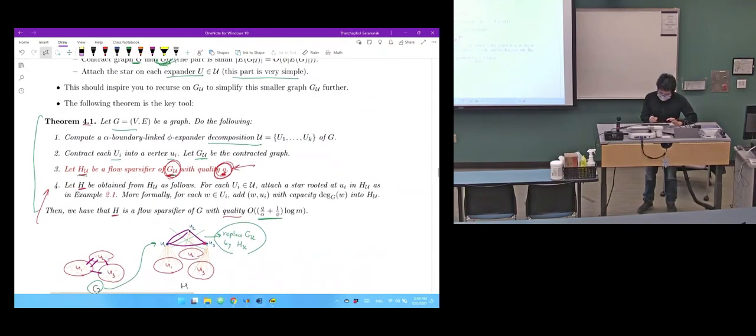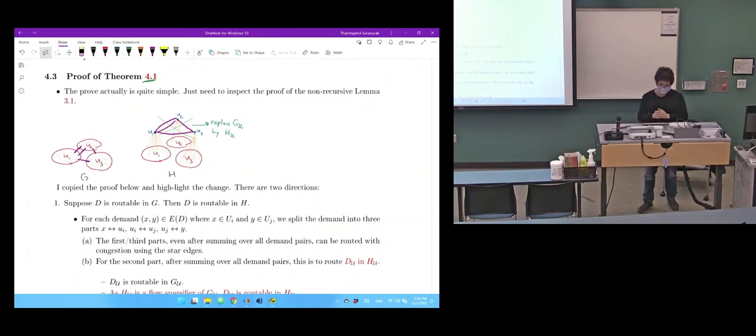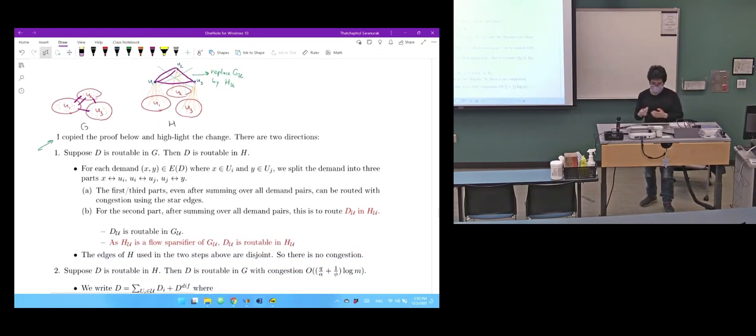Okay. So replace GU by SU here. All right. So the proof is actually quite simple. I just copy the proof from above to here, and point out where you need to change something.